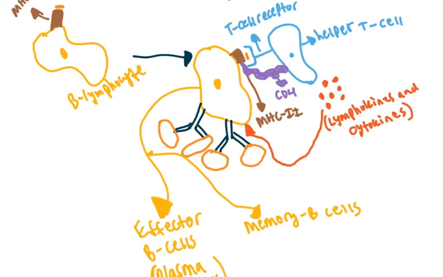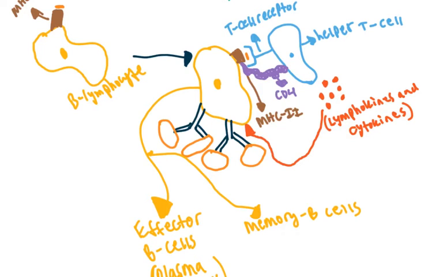But also, our B lymphocyte can in turn release its own cytokines that will help the helper T cell proliferate. So let's draw this in, I guess green.